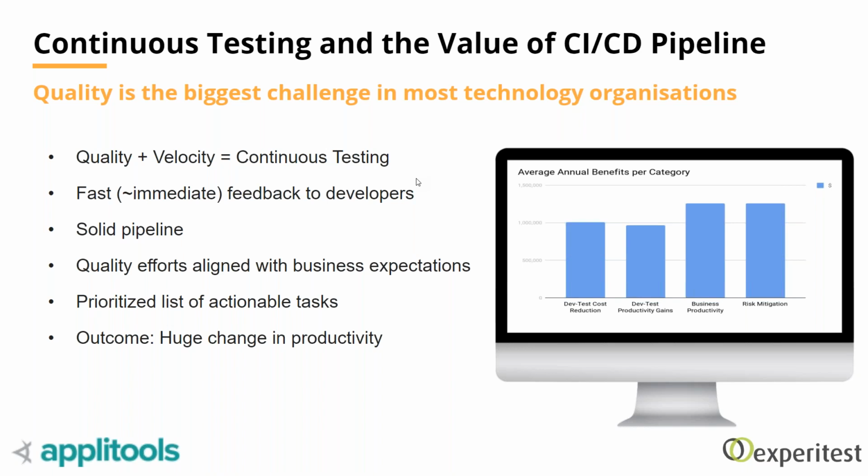Then quality efforts aligned with big business expectations. As a quality engineer, you need to understand your business expectations, and your effort should be aligned with the entire business goals. In the end, what they expect from you is to provide a prioritized list of actionable tasks.